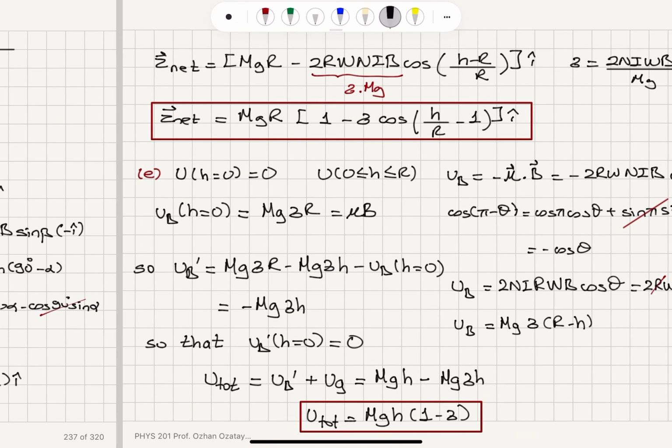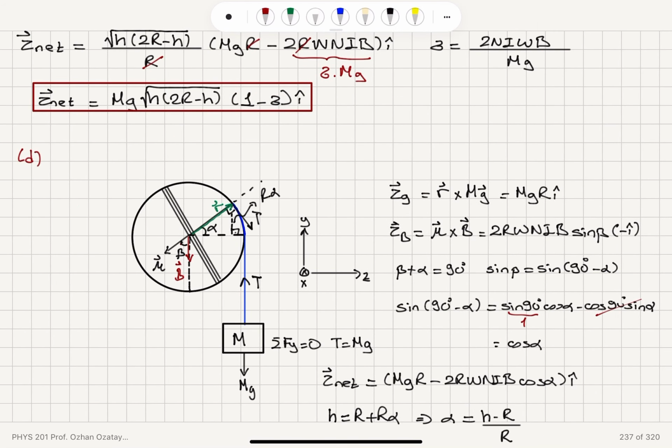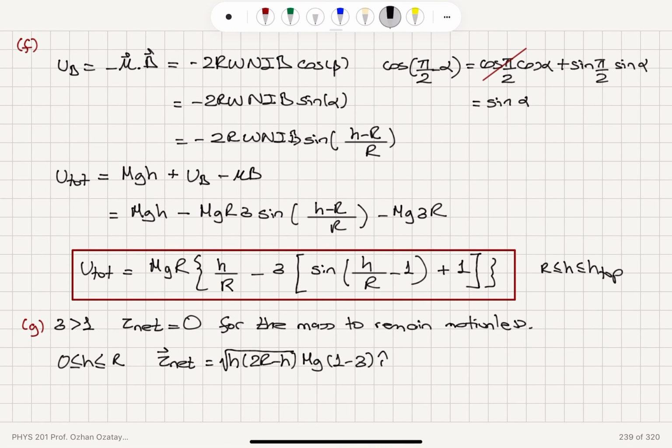So let's check this. This is from part C. In this scenario, you calculated this torque, and this should be equal to 0. It will be 0 when h is equal to 0 or h is equal to 2r. Now h cannot be equal to 2r. The maximum value of h is h top.